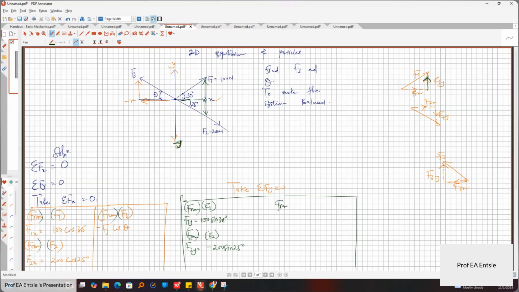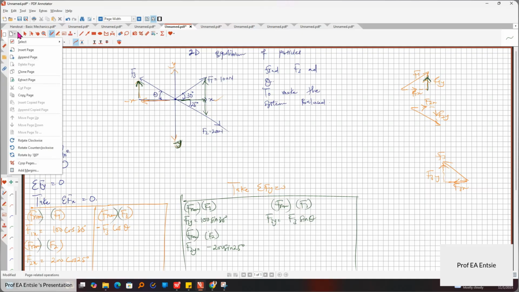Then lastly from F3, that's the unknown force that we are looking for. It will be positive because it will go up. So F3y will be F3 sine theta, the theta we want to look for. Will this work go there? No. What do I do?